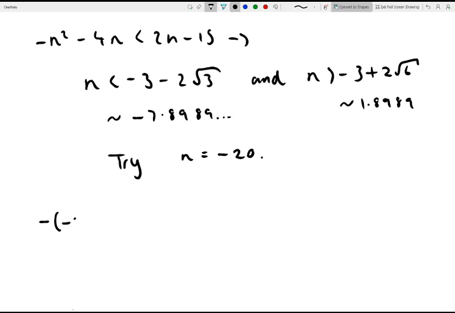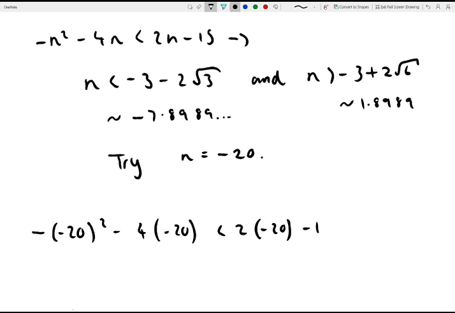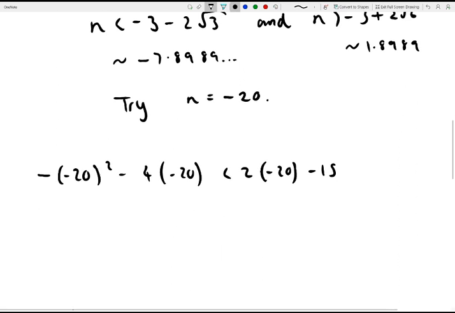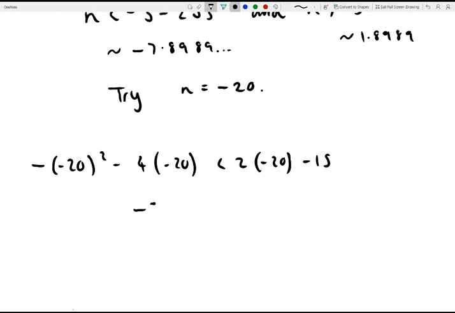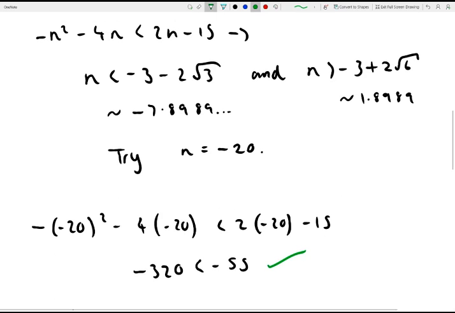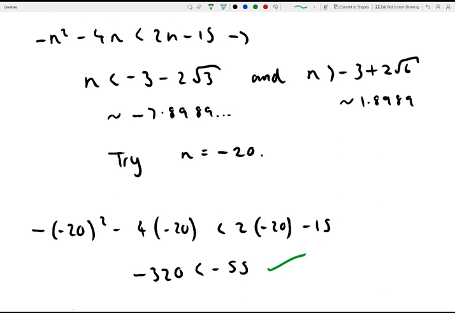So we're going to have minus minus 20 squared minus 4 times minus 20 is less than 2 times minus 20 minus 15, and this will give us minus 320 is less than minus 55, and this is of course true, so we know that n equals minus 20 is going to be in our solution range.